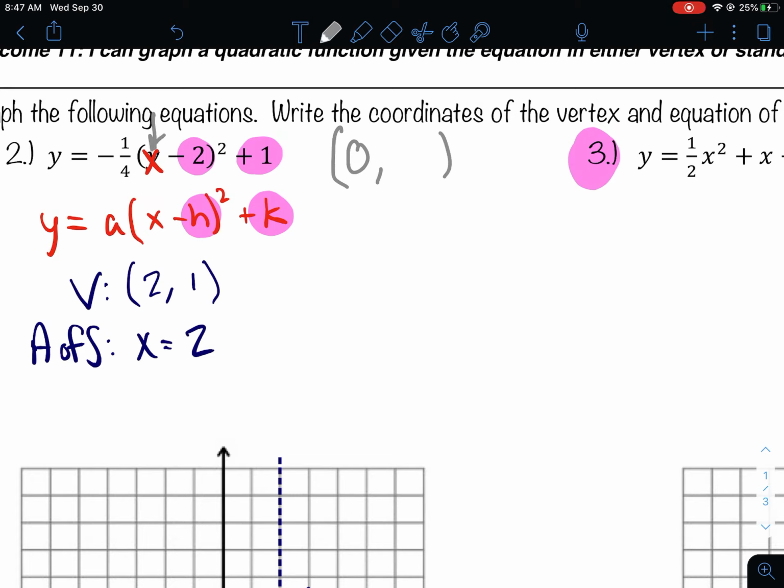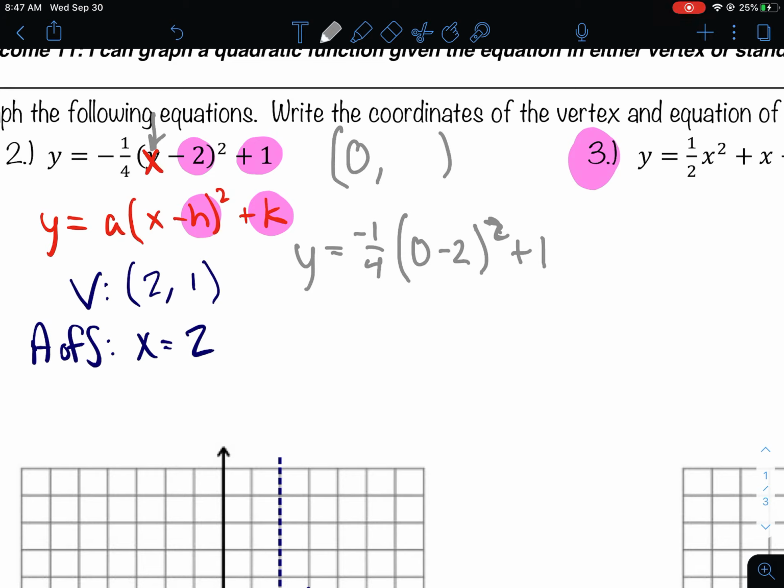So 0 is going to go in for x. So I get y equals negative 1/4, and then 0 minus 2 squared plus 1. Now, 0 minus 2 is negative 2. Negative 2 squared, we have to remember our order of operations.